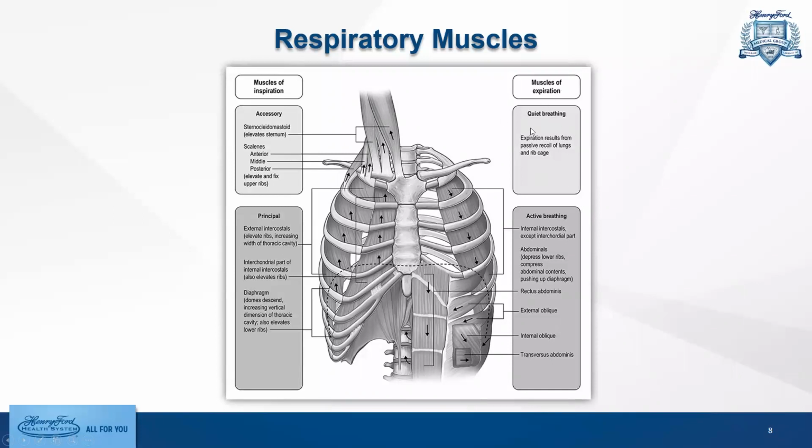Muscles of expiration: whenever you're quietly breathing, you really don't need to use a lot of muscles. It's kind of like elastic recoil of the diaphragm and the rib cage. However, when you're actively breathing and trying to blow out the air, then you're going to activate your abdominal muscles, rectus abdominis and obliques, as well as your internal intercostal muscles.